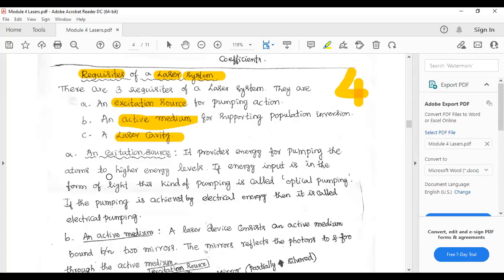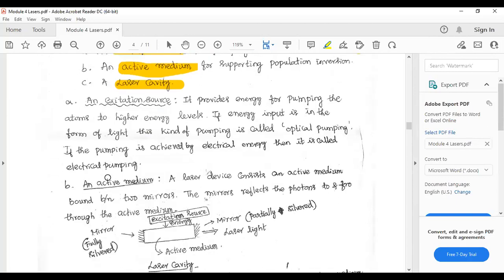Let me explain one by one. The first one is the excitation source. It provides energy to pump the atoms to the higher energy level. If we use light as the pumping device, an external light source to excite the atoms from the ground state, that type of pumping is known as optical pumping.